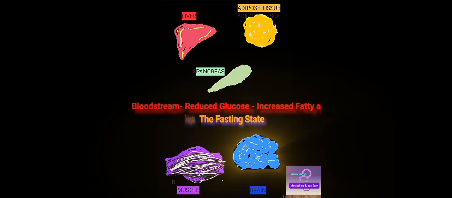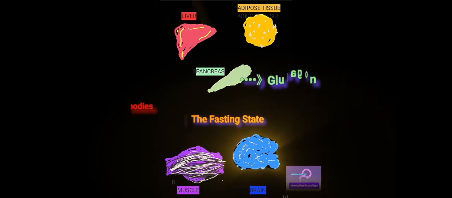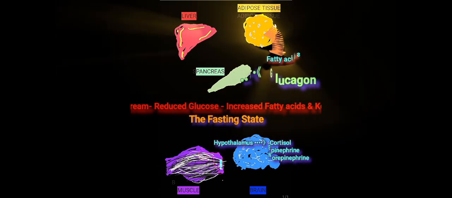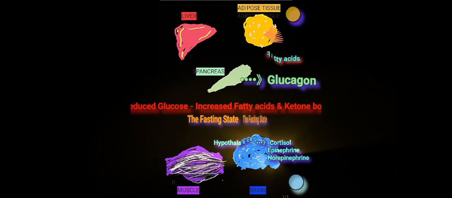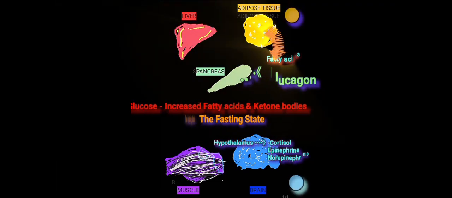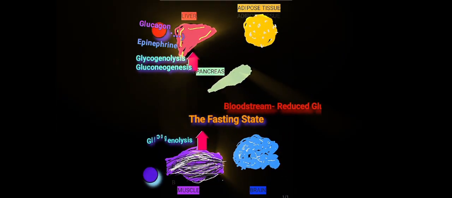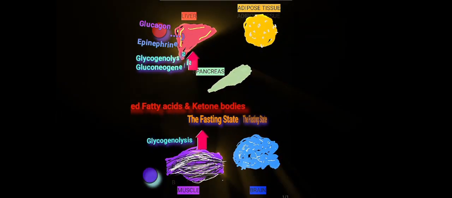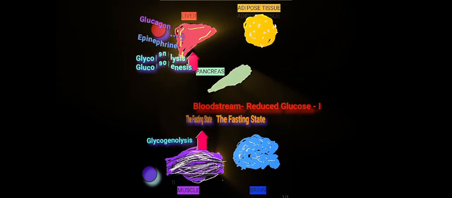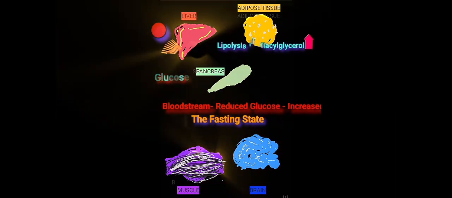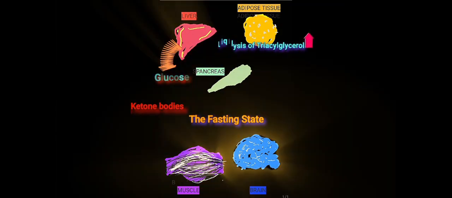During fasting, a drop in blood glucose will trigger the release of glucagon from the pancreas. Through the hypothalamus, the brain will direct the production of cortisol, epinephrine, and norepinephrine by adrenal glands. In the liver, glucagon and epinephrine will stimulate glycogenolysis and gluconeogenesis and resupply the blood with glucose, as well as ketone bodies.